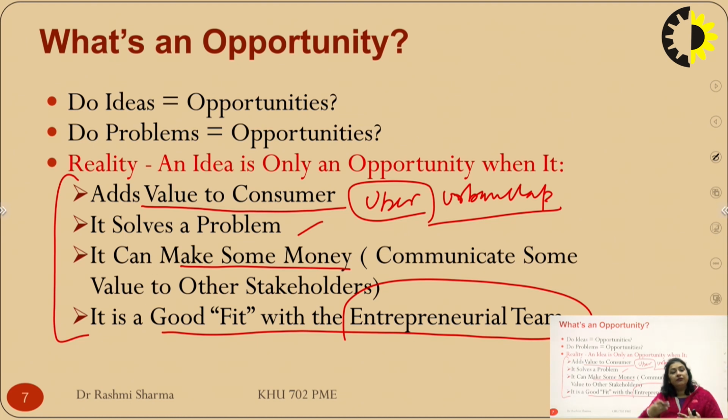So it is adding value to that franchisor. Then we are getting that particular franchise, or we are getting that particular service done. So he is also the consumer and we are also the consumer, and the person who is taking the franchise is the middle person. So it should definitely solve a problem, and it should make money for all those stakeholders, as we are doing something new, and it should fit the entrepreneurial team also.